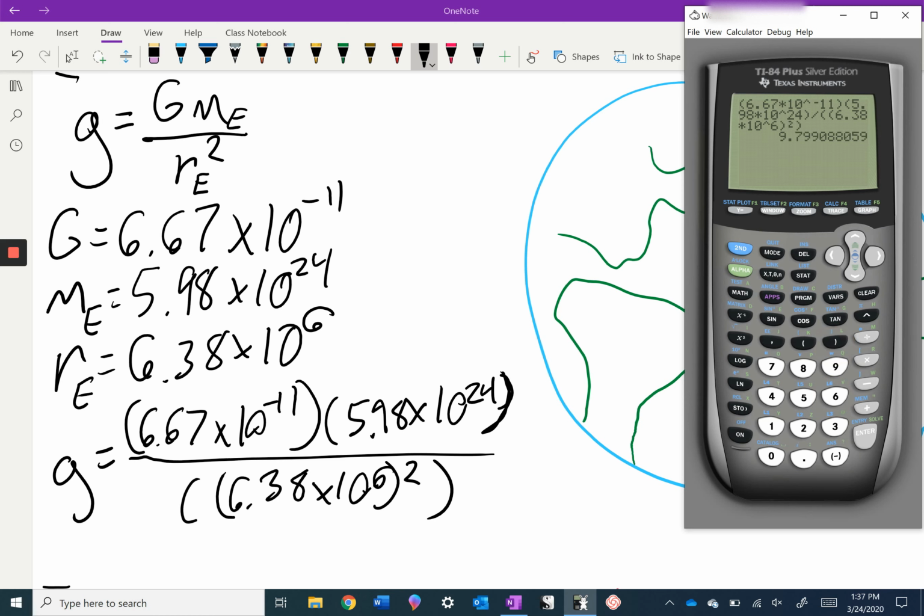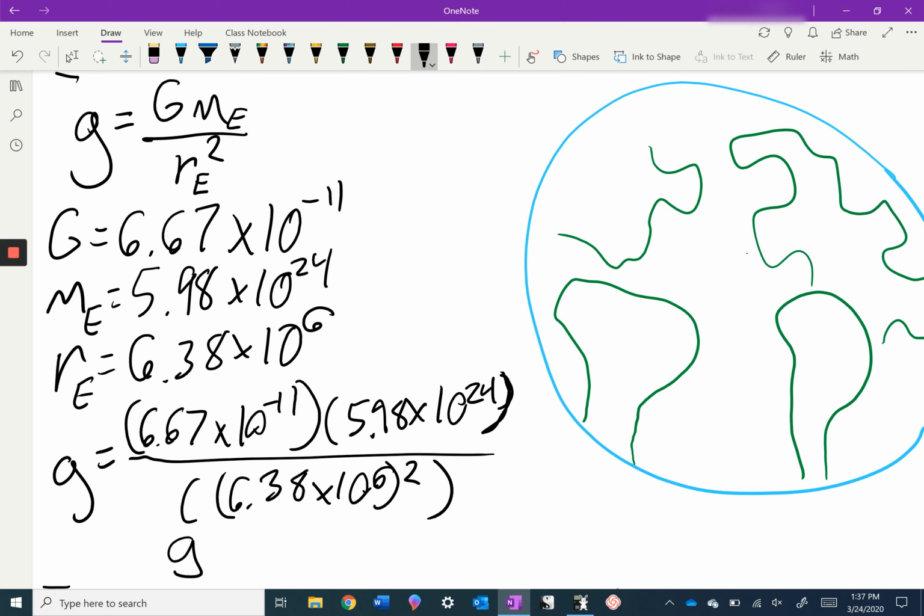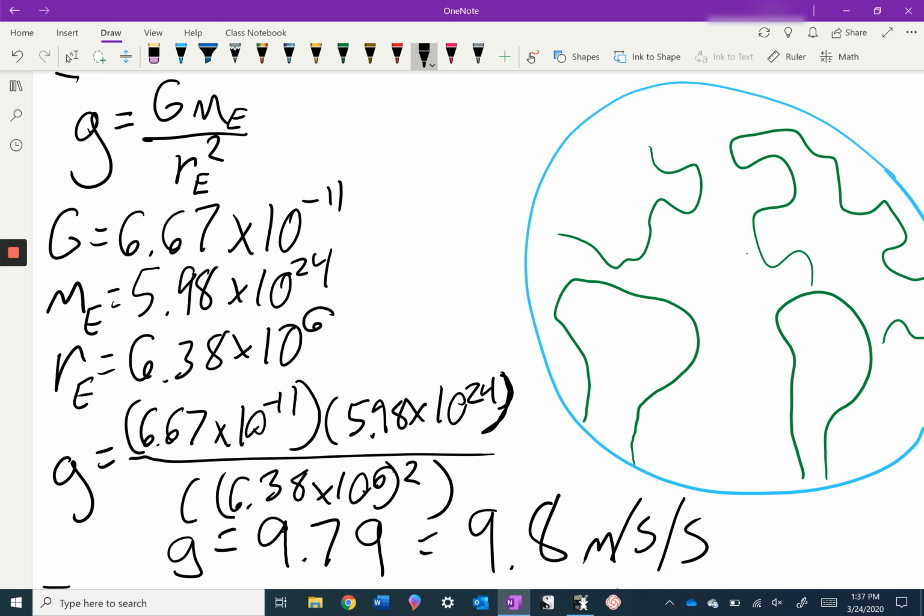That gives us a little g of 9.79, which is our wonderful 9.8 meters per second squared that we are always using.